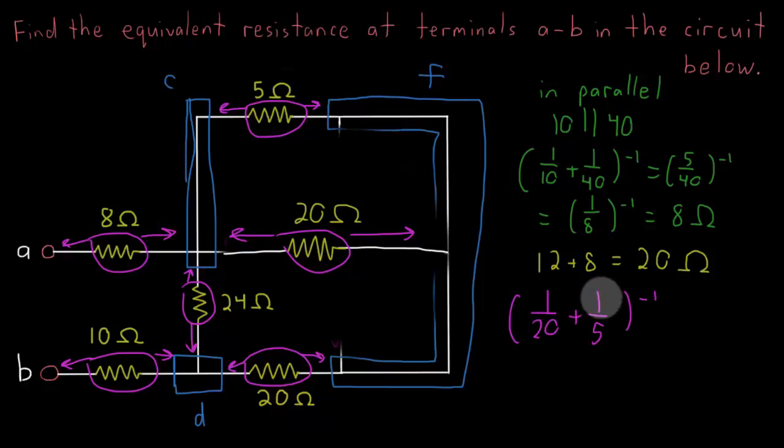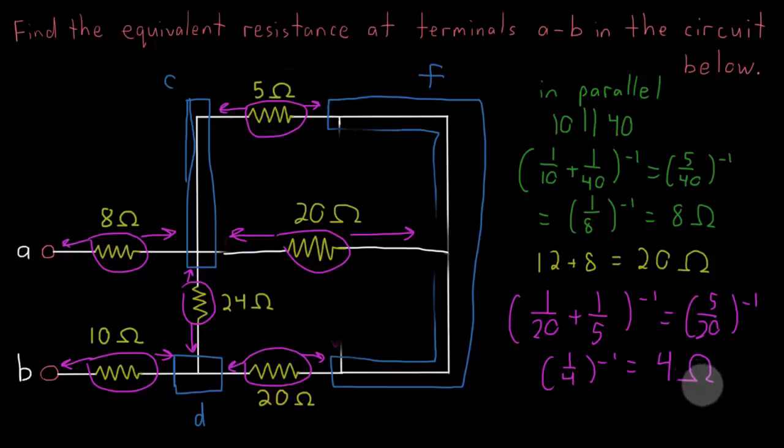If we simplify it, 1 over 5 times 4 on both sides is 4 over 20. So 4 over 20 plus 1 over 20 equals 5 over 20. Inverse of that, and 5 over 20 equals 1 over 4. So 1 over 4, inverse of that, equals 4 ohms. So our new resistance in parallel is the 4 ohm resistor.